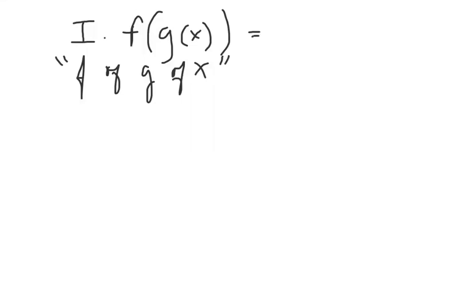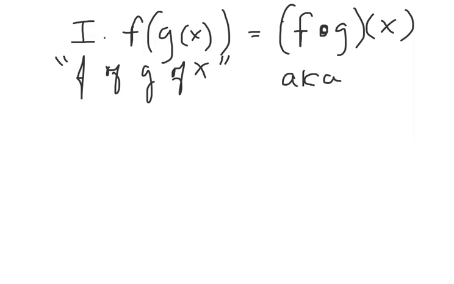This can also be expressed as f of g, that's "of", okay, that's not multiplication, of x. This is just notation. This is another way for you to write the composite function, guys. AKA, sometimes people refer to it as f circle g. Yeah, all right. So what does the composite function f of g of x do?